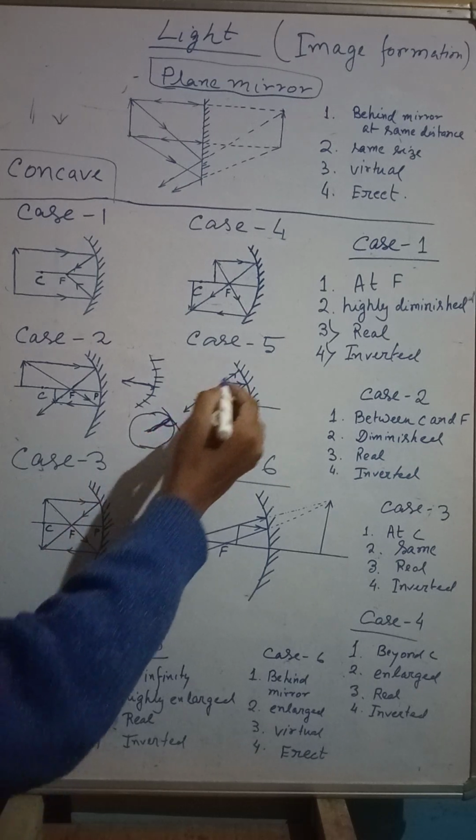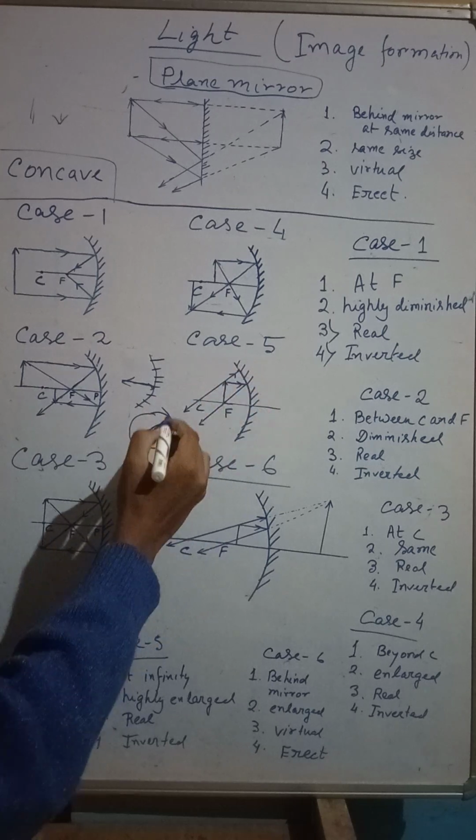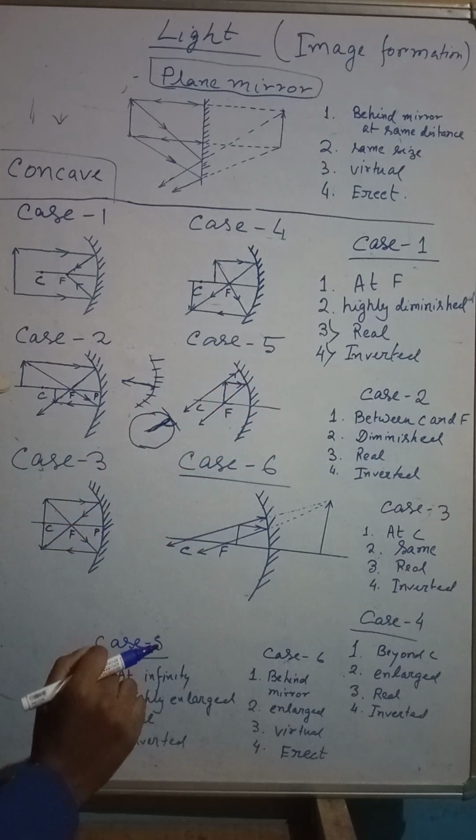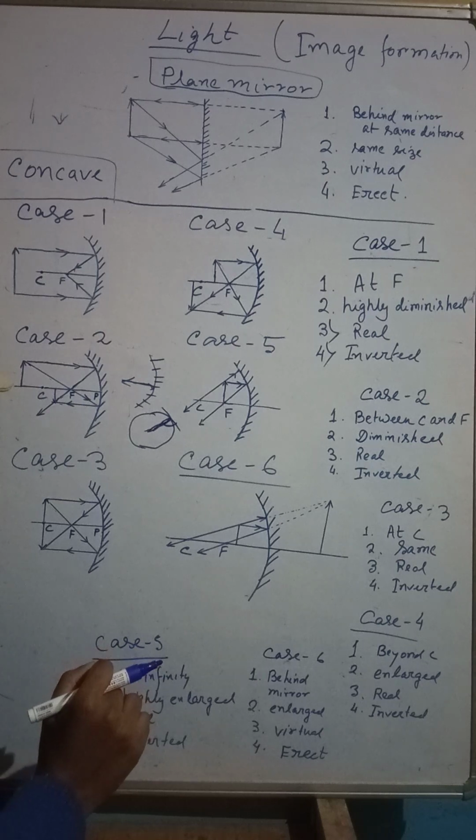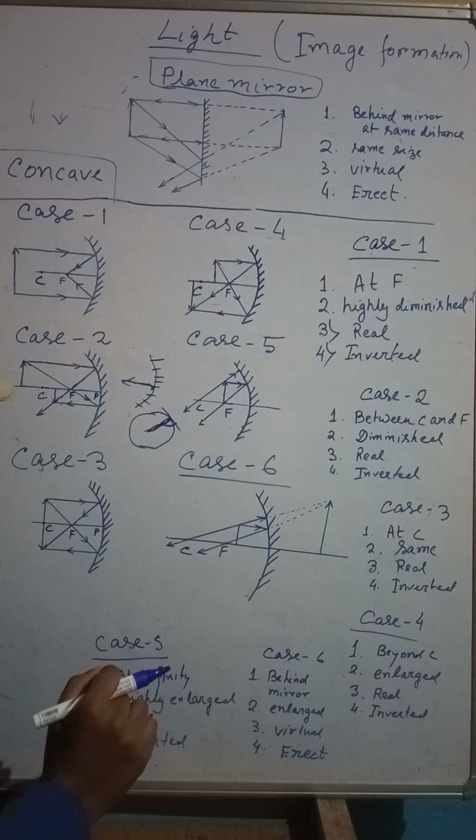So here you can imagine that the angle of incidence will be 0 degrees, and the angle of reflection will also be 0 degrees.